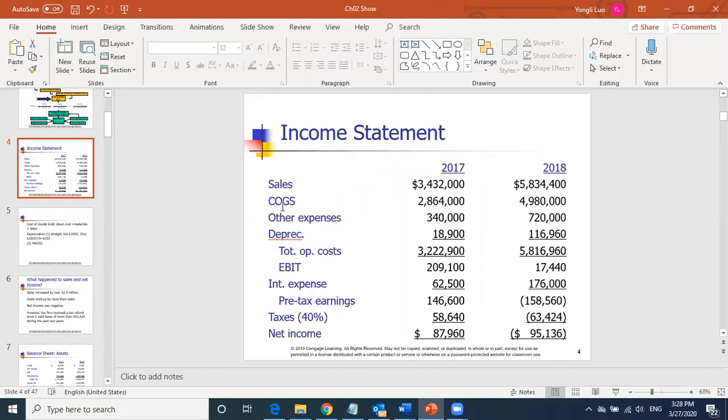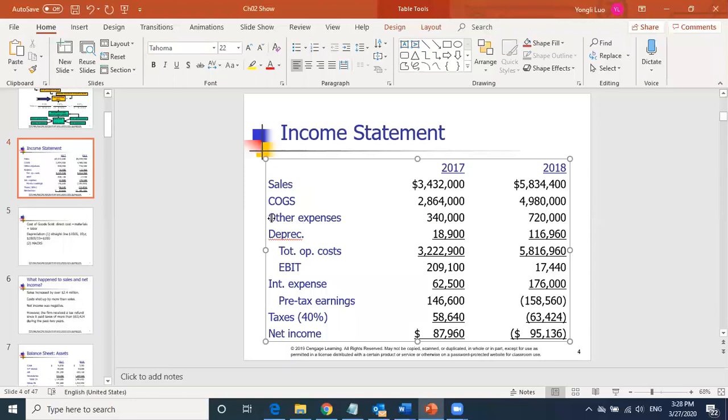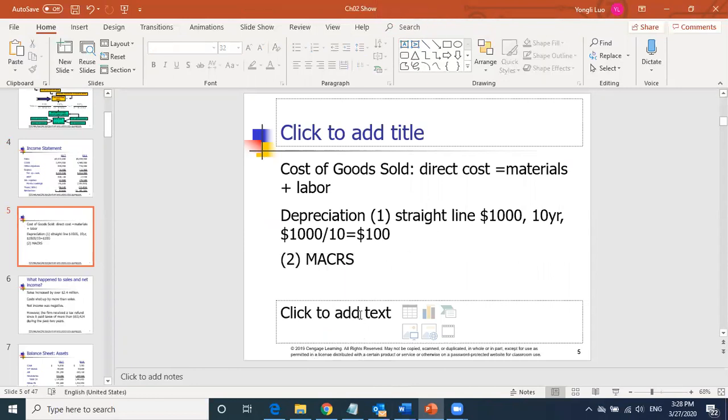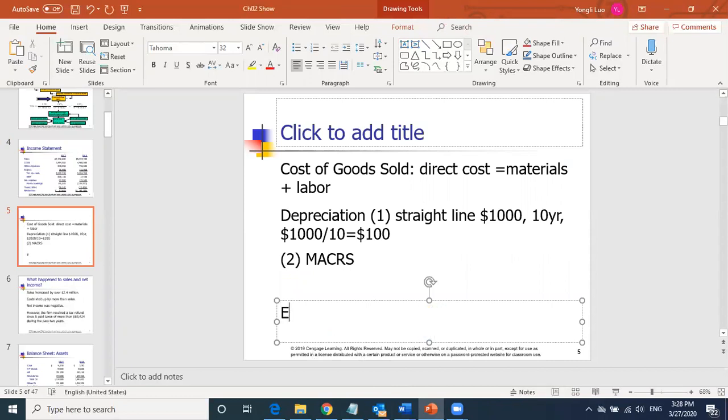After you exclude all those expenses and depreciation, you have EBIT. So what is EBIT? It's earnings before interest and taxes.